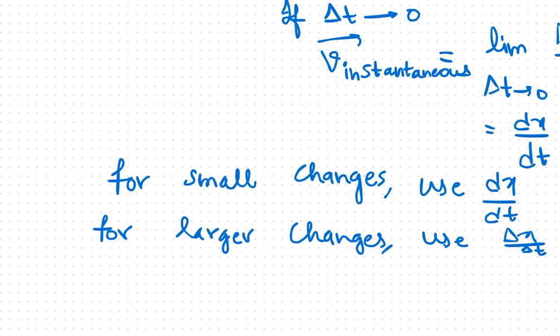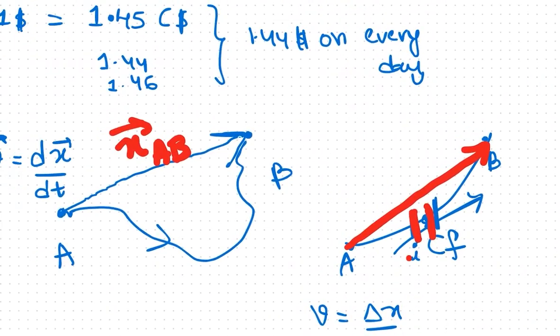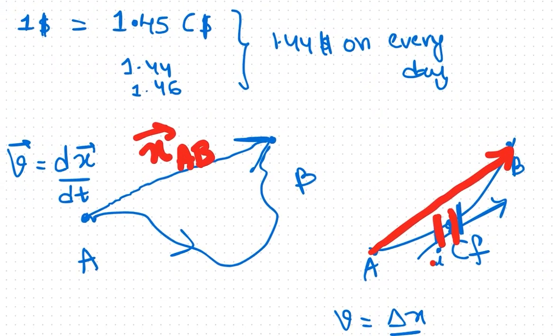In the short notes I have written d for difference, but I didn't look out for the symbol, so I'll try to correct it. Usually for large changes, we consider delta x upon delta t. For small changes, dx upon dt. This is the approximation. Cool, right?